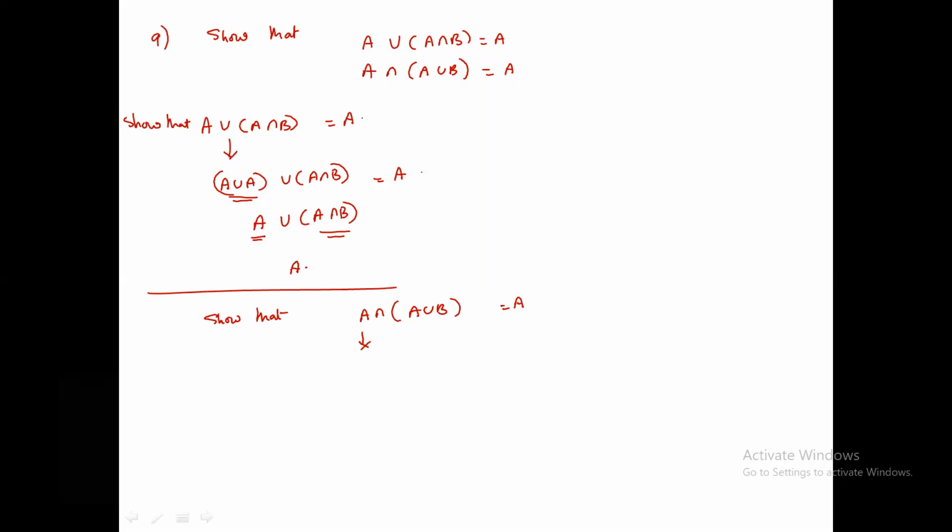Intersection will distribute. So I will have A intersection A union A intersection B. Now A intersection A will be A only, union A intersection B, as we got above. This is A only. And hence it is proved.